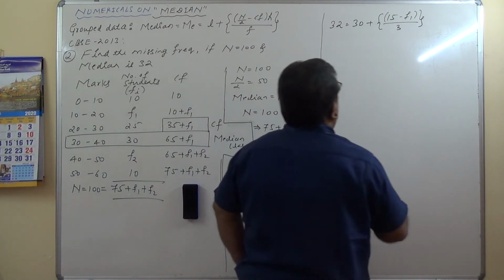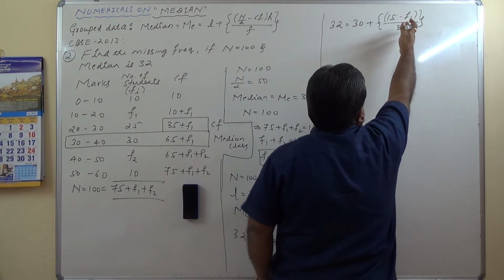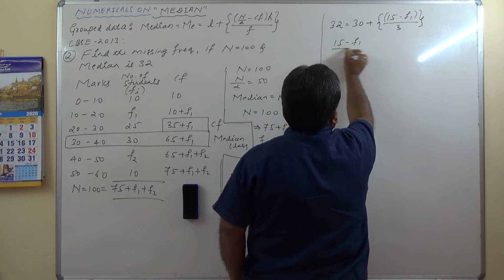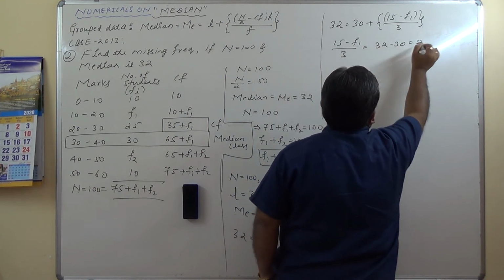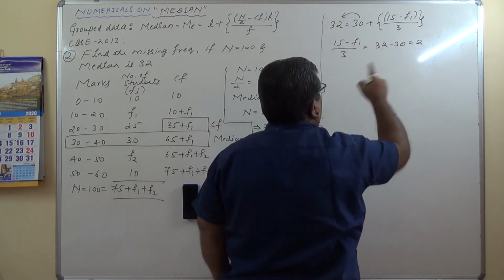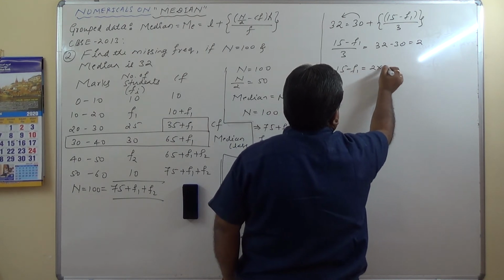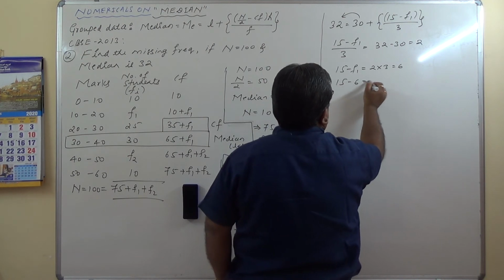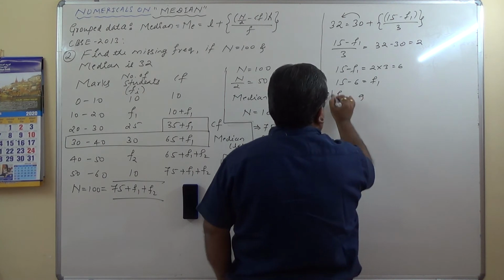Now from this, what do we get? Definitely we get the value of F1. So 15 minus F1 divided by 3 is equal to 32 minus 30, which is equal to 2. So transpose this 3 to this side, and you get 2 into 3. Therefore 15 minus F1 is equal to 6, and therefore 15 minus 6 is equal to F1, or F1 is equal to 9.